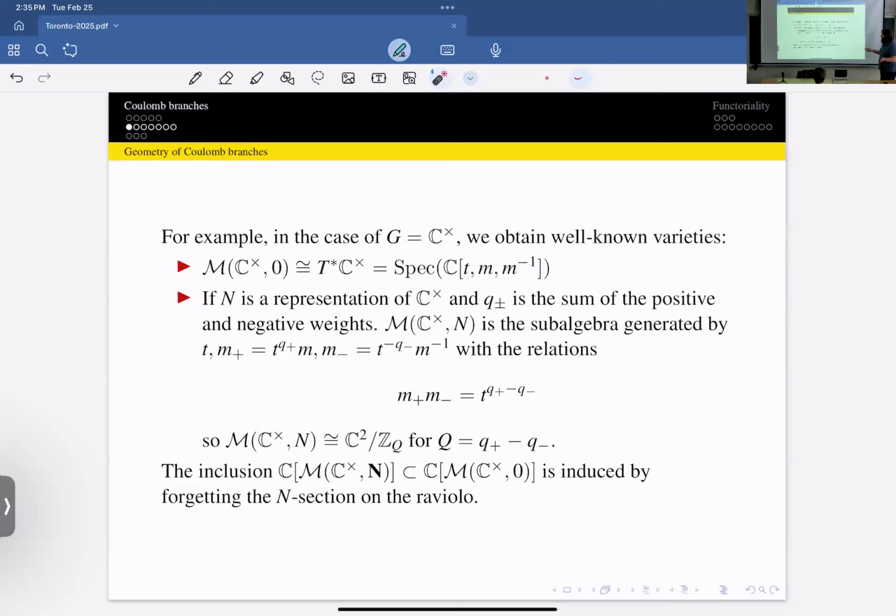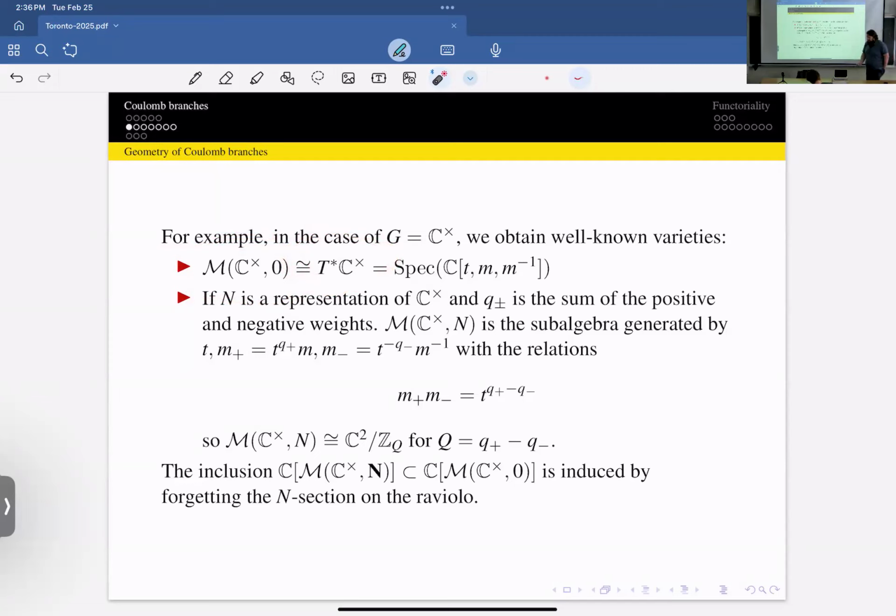Okay. So, sort of silly to do this without doing some examples. And I wanted to talk about a few kind of explicit cases where you can get your hands a little more on what's happening. So first example, if we take just C star with the trivial representation, I get something very simple. I get the cotangent bundle of C star.